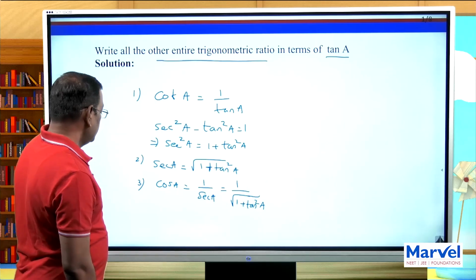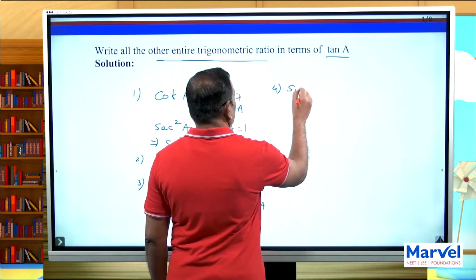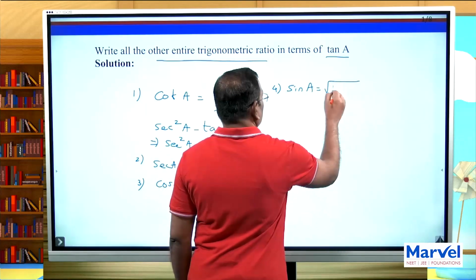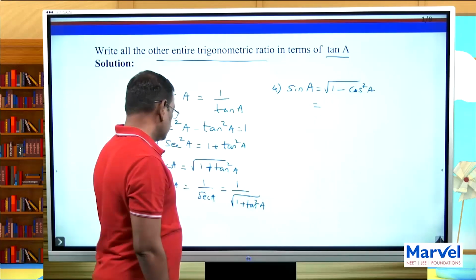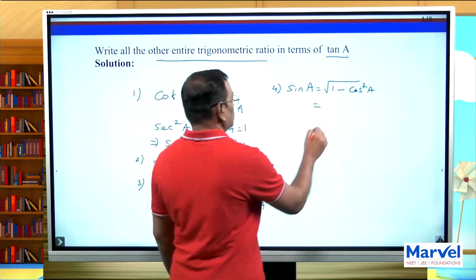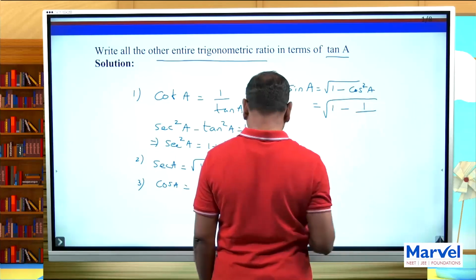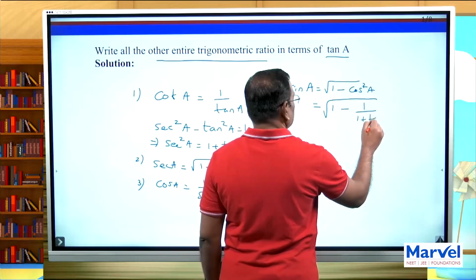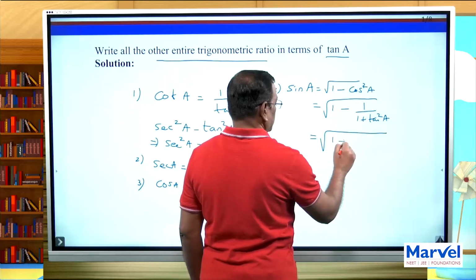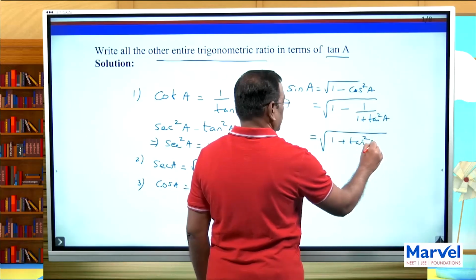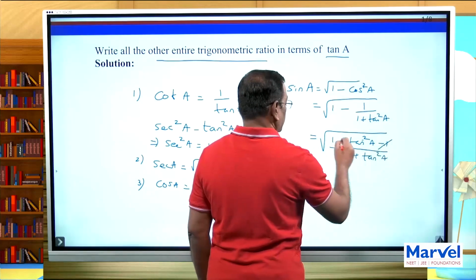Once you find cos A, you can find the value of sin A. Sin A equal to root of 1 minus cos square A. Cos square A equal to 1 by 1 plus tan square A, so 1 minus cos square A is 1 minus 1 by 1 plus tan square A, which is equal to, if you cross multiply, 1 plus tan square A minus 1 by 1 plus tan square A. 1 gets cancelled.